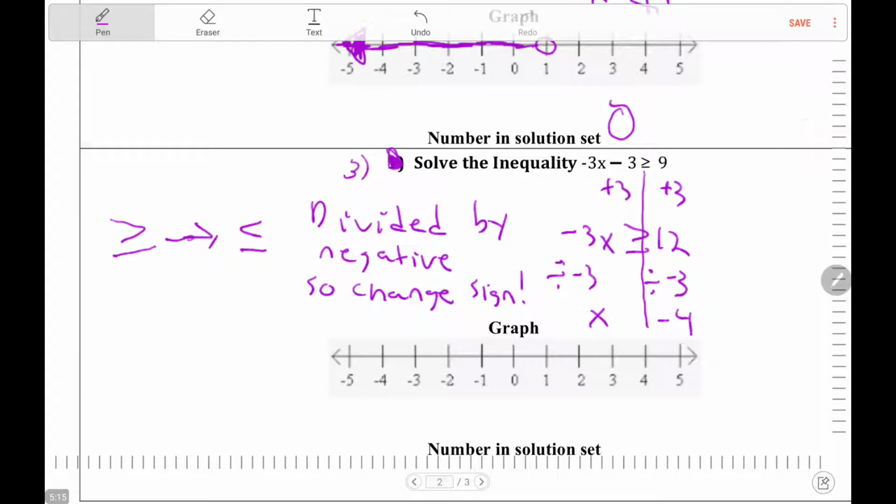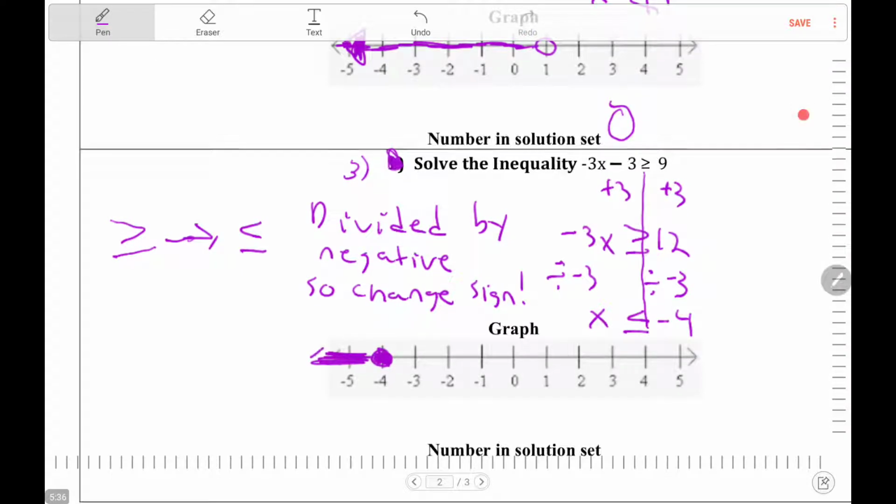Okay, less than or equal to. X is less than or equal to negative 4. Where's negative 4? It's right here. Okay, this one we are going to fill in because x could be negative 4. So I shade that in. And numbers less than negative 4. We can go that direction.